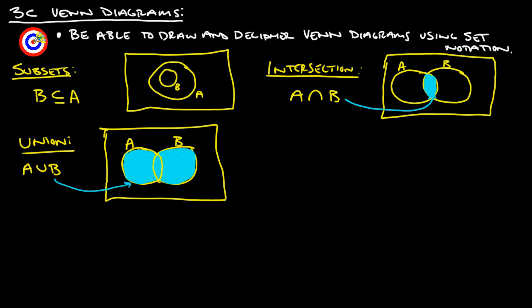Alright, last one to look at is disjoint or mutually exclusive sets. So disjoint is also called mutually exclusive.